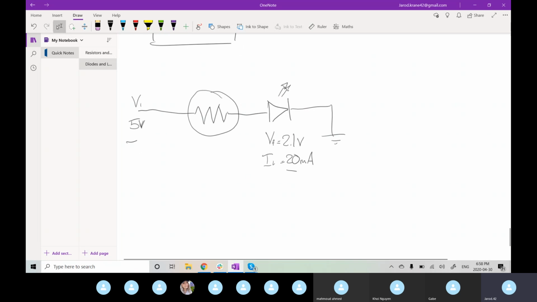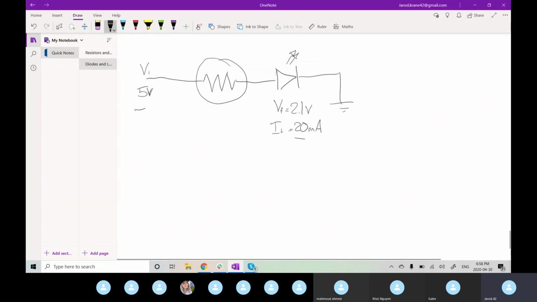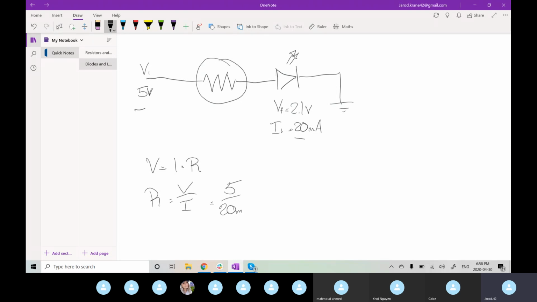But to properly do this, instead of just swapping it around and doing 5 over 20 milli, this is wrong because you have to take into consideration the voltage drop that the LED imposes on the system.